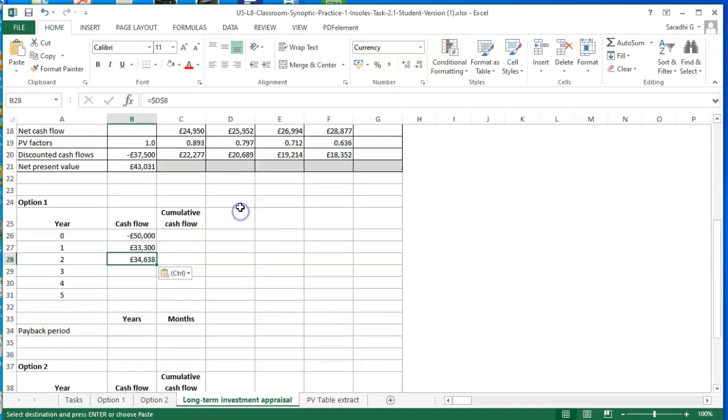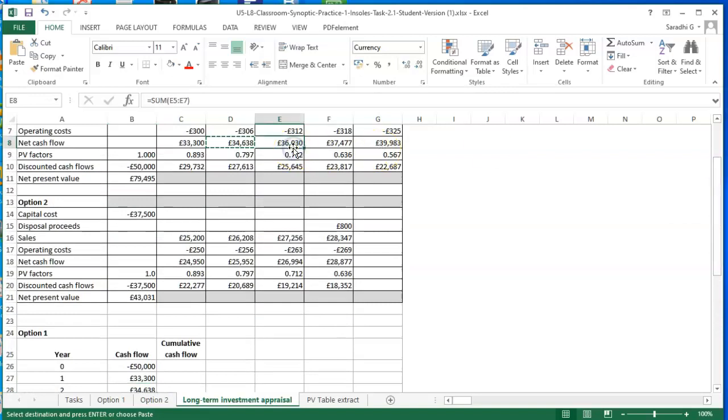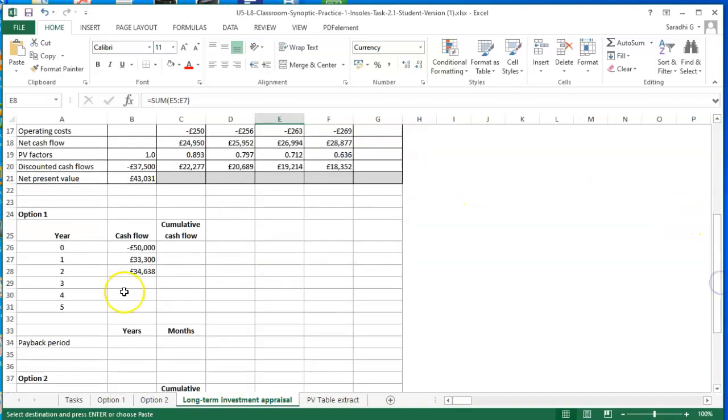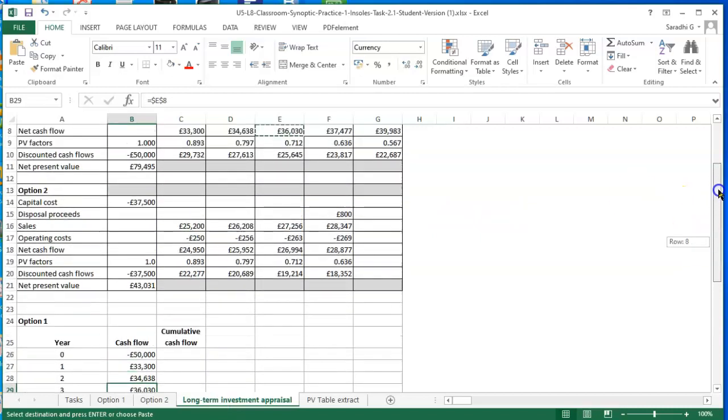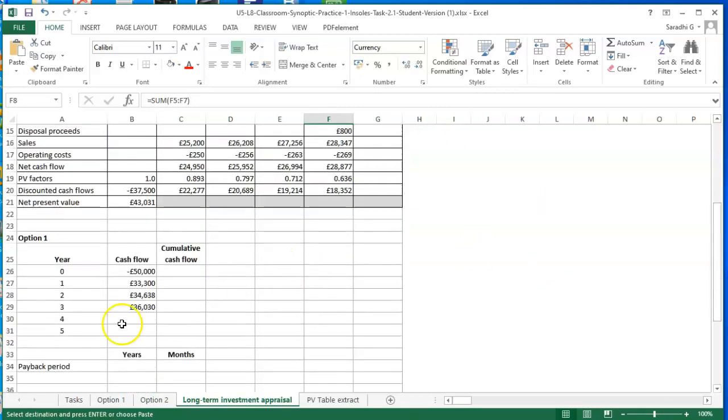You can see if you can transpose or do something else rather than doing one by one. I tried that but it was not allowing me. Control C and paste link. 2 more years. Control C, paste link.